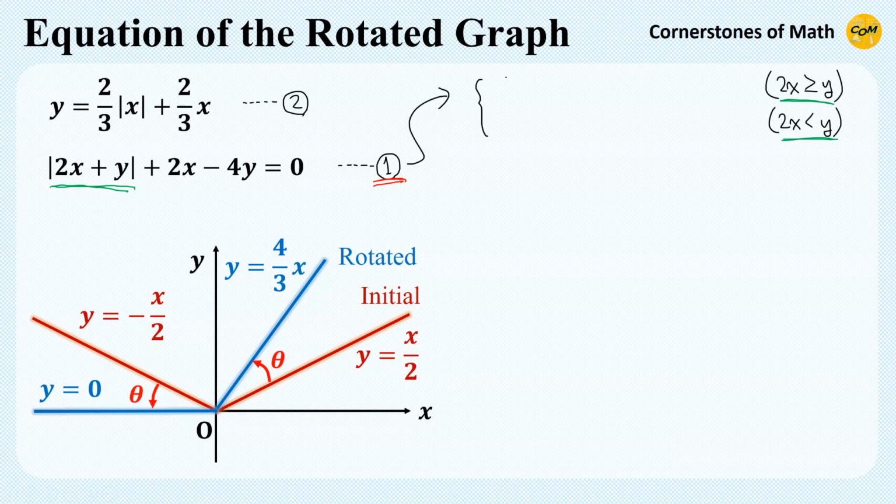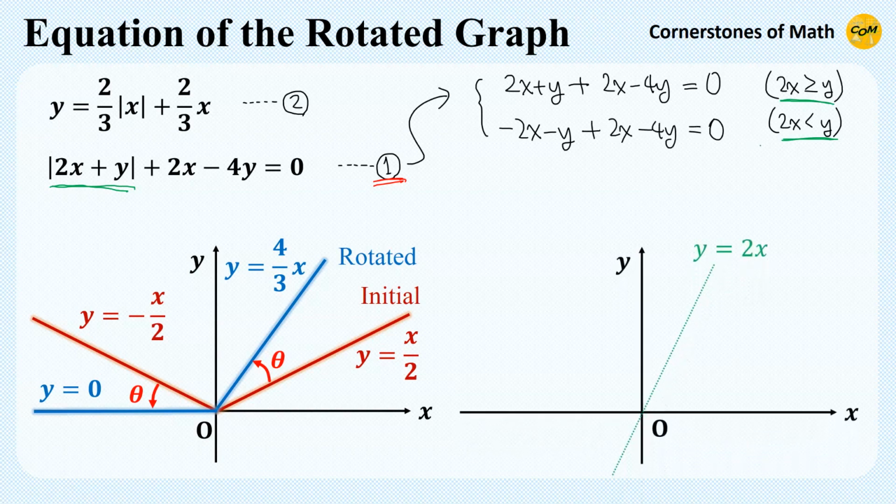For the first case, 2x plus y just comes out from the absolute value, so 2x plus y plus 2x minus 4y equals 0. And for the second case, we have minus 2x minus y, so this plus 2x minus 4y equals 0. So now the boundary for the case division becomes this line y equals 2x.